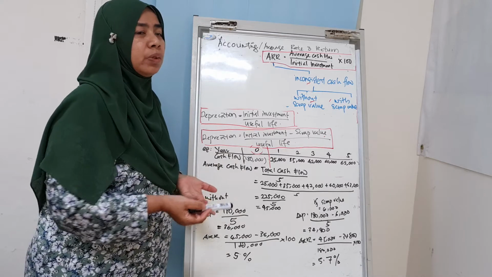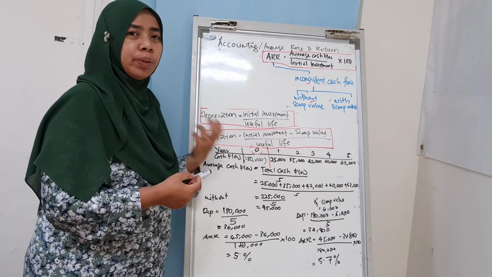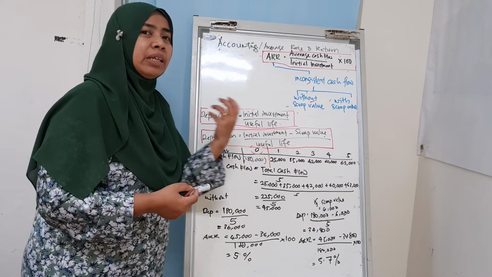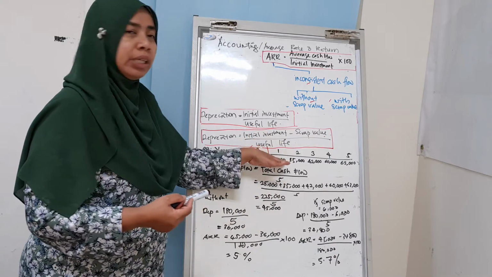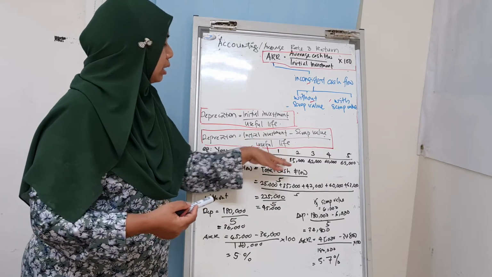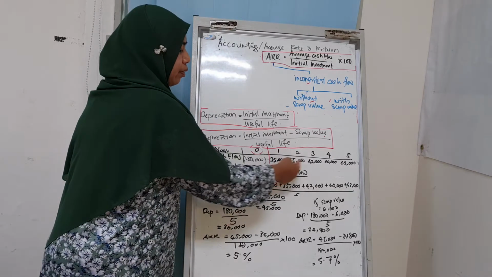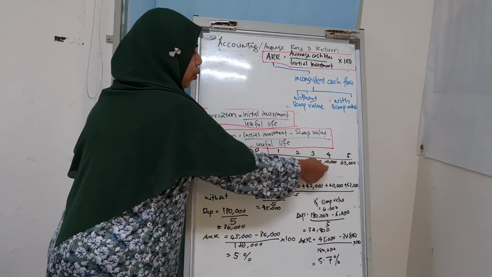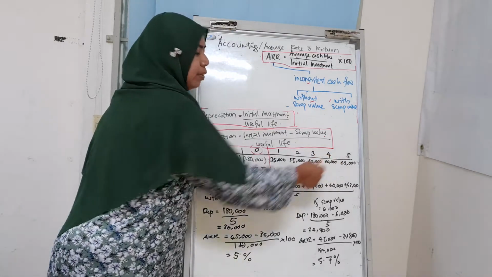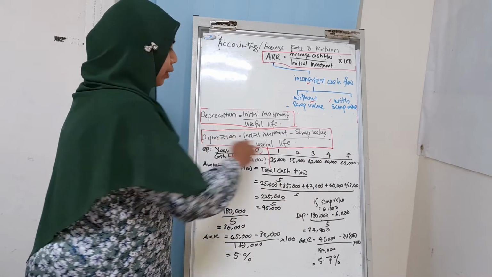In this case, the cash flow injected in the project is not the same every year, right? Let's see: the first year is 25,000, the second year is 35,000, the third year is 42,000, the fourth year is 60,000, and the fifth year is 63,000. It's different, right?